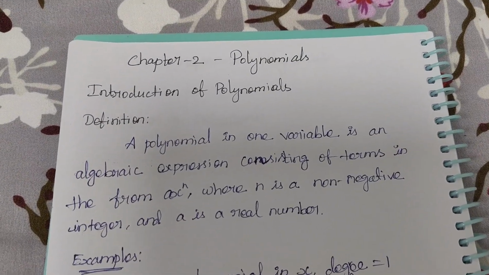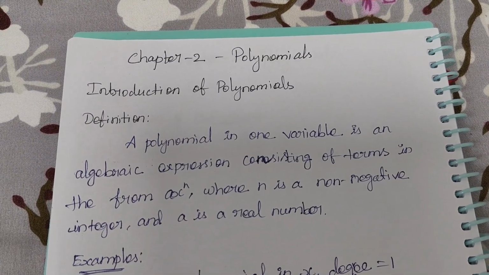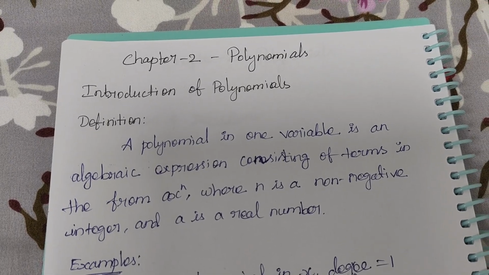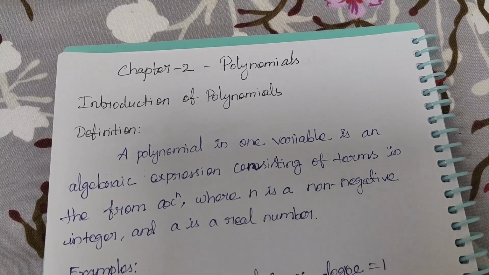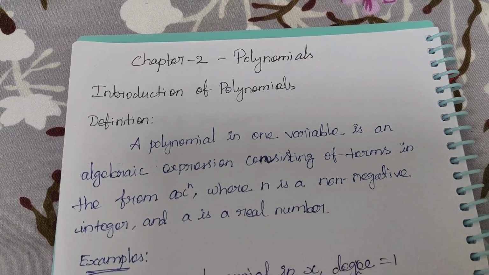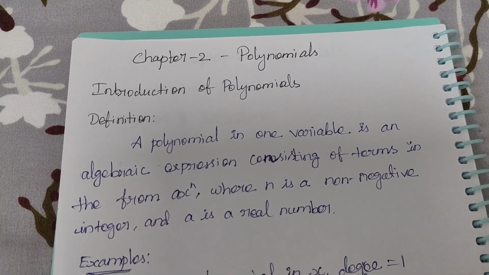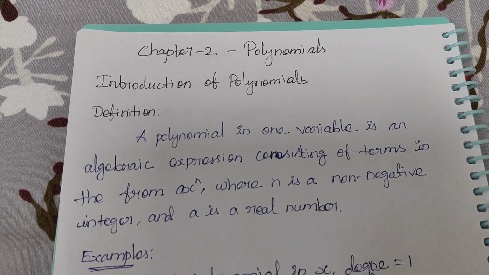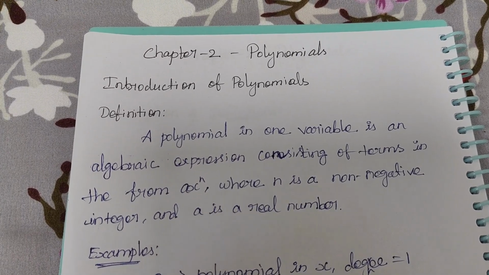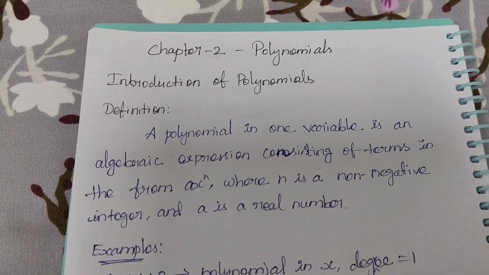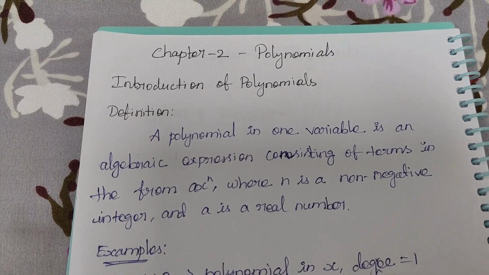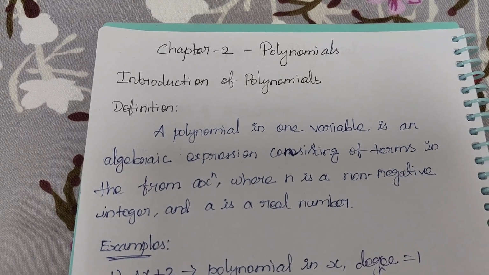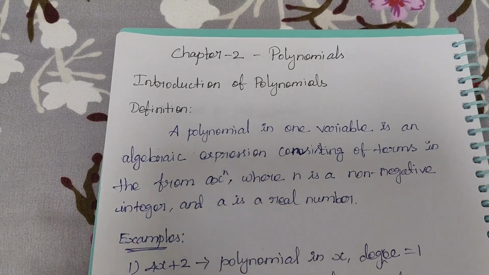So, first, what is a polynomial? Let me explain in a super easy way, okay? Listen carefully. A polynomial is just a math expression where we combine numbers and x. The power of x must be whole numbers only, like 0, 1, 2, 3, nothing else.